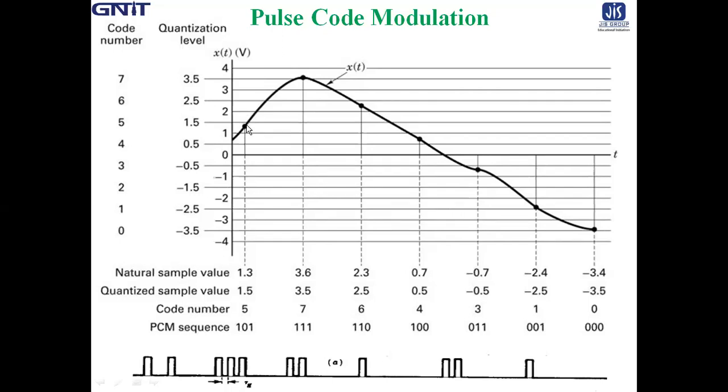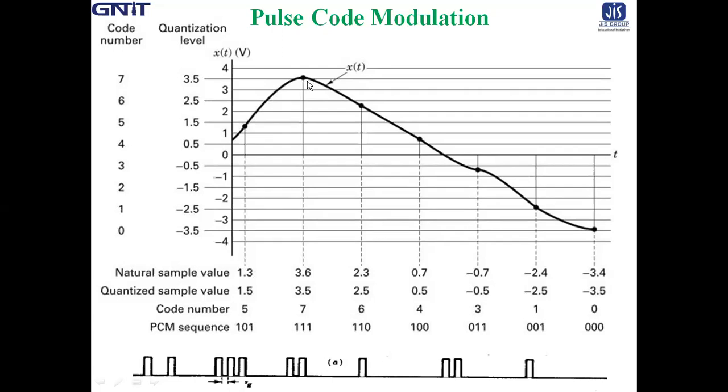Then following quantization theory, each sample follows the nearest quantization level. According to that, 1.3, the first sample value, is approximated as 1.5 because 1.5 is the nearest quantization level.